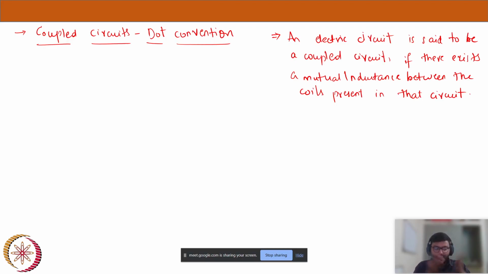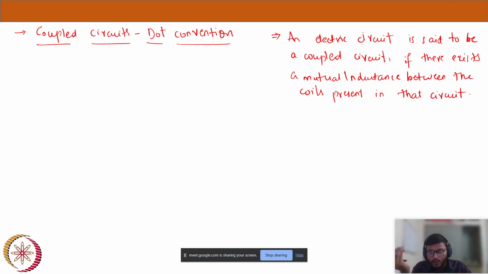Let's say we have a circuit and we have placed some dots in it. Whenever you see a magnetic circuit, you will see dots placed at the coil's starting or ending point. That dot will give you details about the voltage polarity at that dotted terminal.